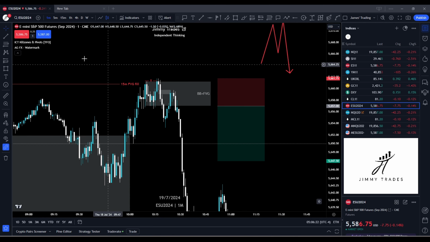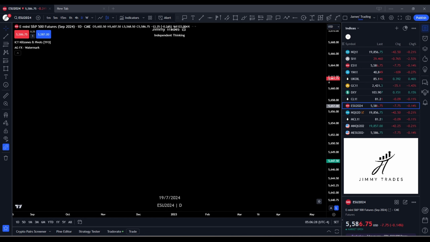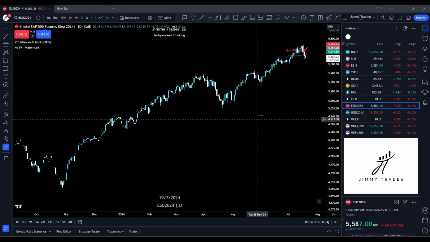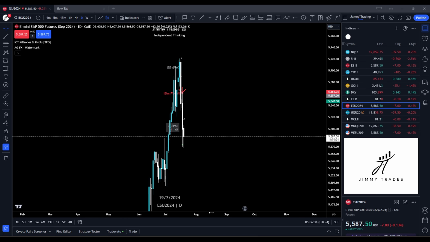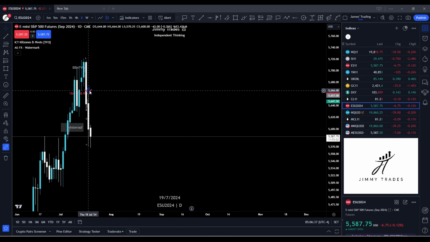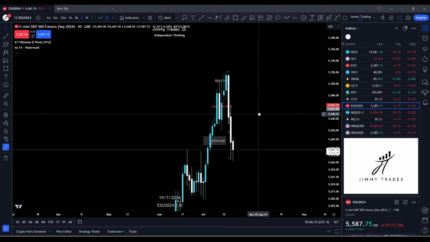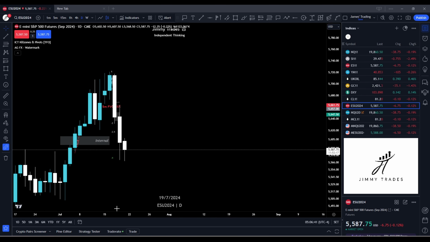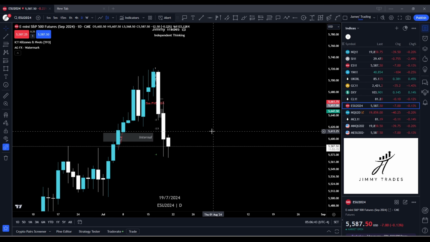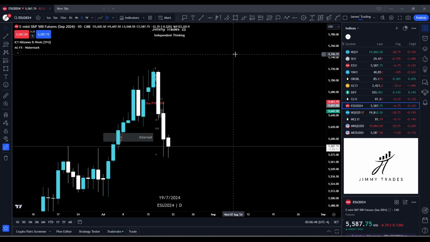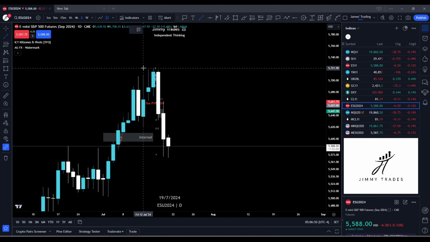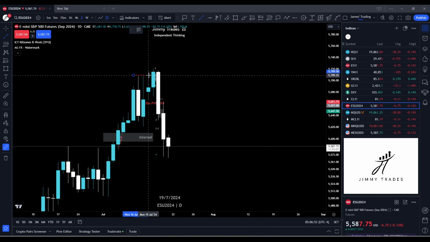So let's roll out some time frames here. I'm going to go to the daily first. The most recent information we had yesterday was that we'd swept these highs.